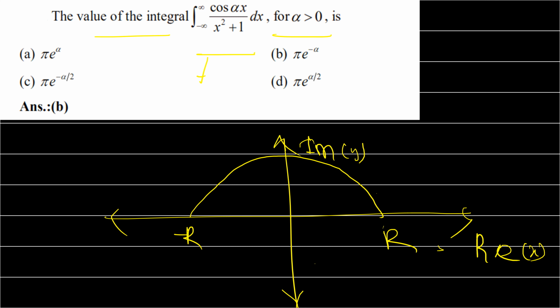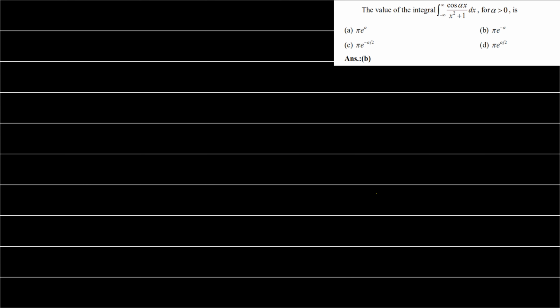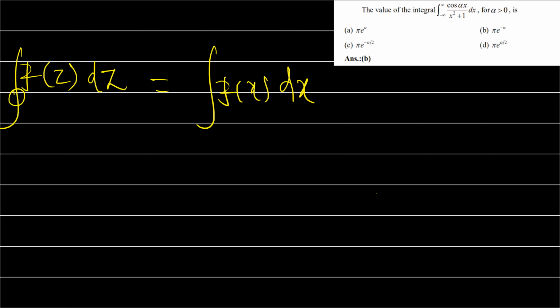Now the limit is minus r to r, and here the limit is minus infinity to infinity. So when this limit is extended to minus infinity to infinity, the whole contour, where this is the semicircle part and this is the line part, the whole contour integral will be the integral of f of x dx from minus infinity to plus infinity plus the integral of f of z dz over the semicircle.